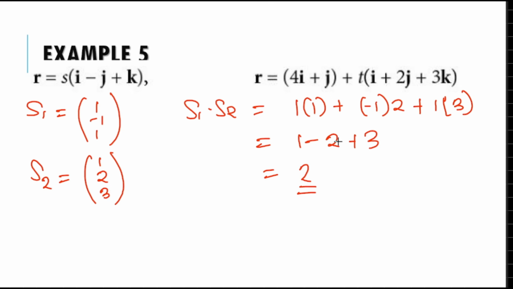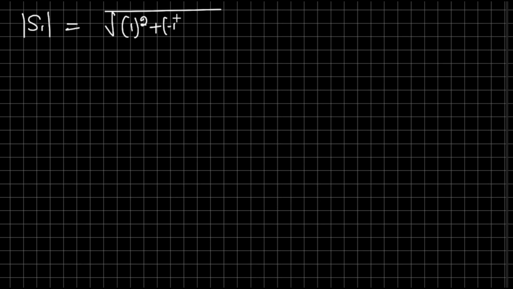Then we find the magnitudes. The magnitude of s1 is the square root of 1 squared plus minus 1 squared plus 1 squared, which is the square root of 3.